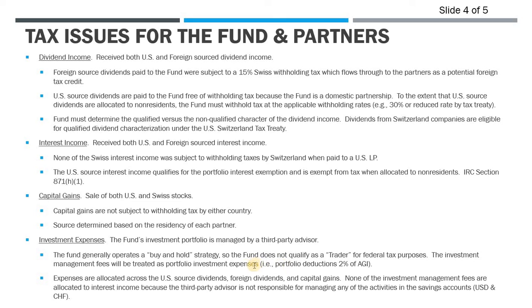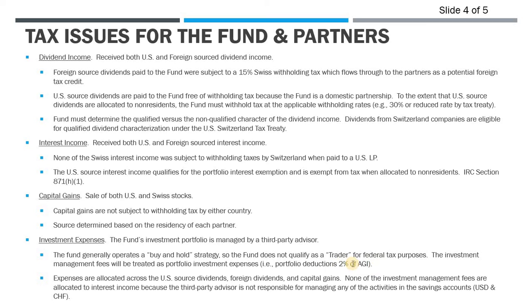The investment funds, these types of investment expenses are generally not deductible, right? So they were formerly deductible as an itemized deduction subject to a 2% AGI floor. But now, following tax reform, they're generally not deductible at all. The reason we still account for them and report them on the K-1s is because not everybody follows the federal tax treatment.